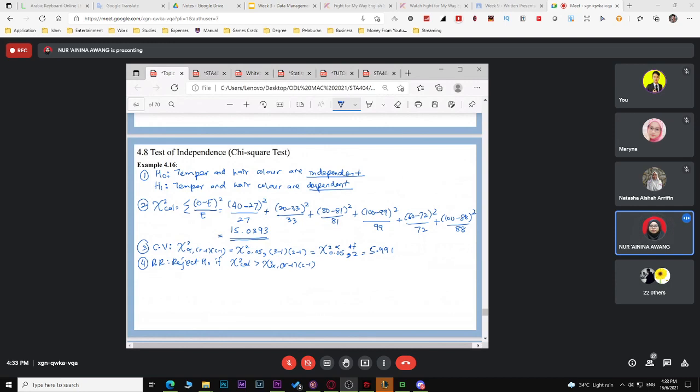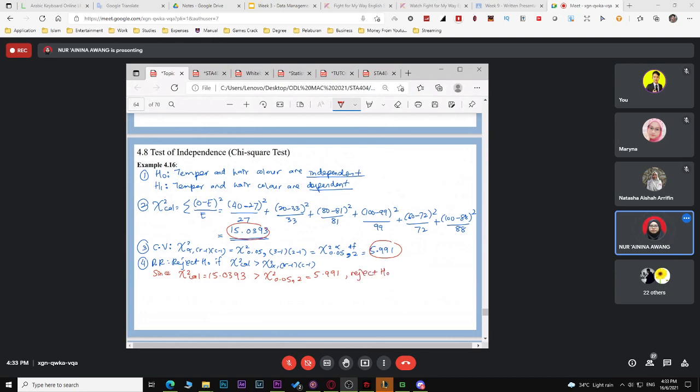Then you need to compare the value for your chi-square calculated and your critical value. You will compare these two. Since chi-square calculated is 15.0393, this value is more than your critical value. So you will reject your H null.